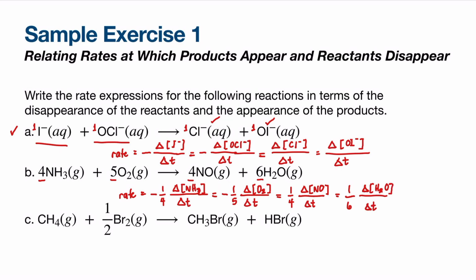And that's it. Lastly, for letter C, we can notice that the coefficient for bromine gas is 1/2.